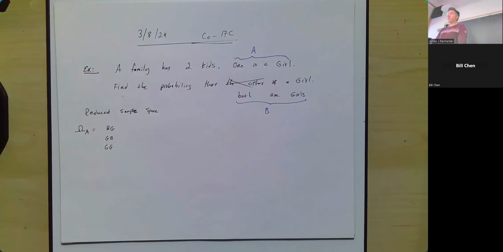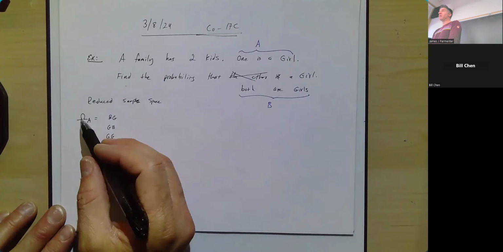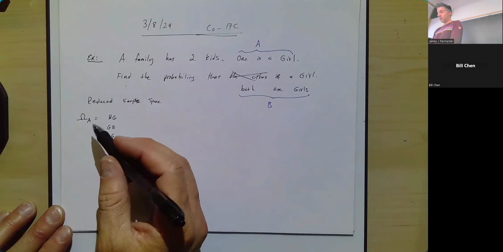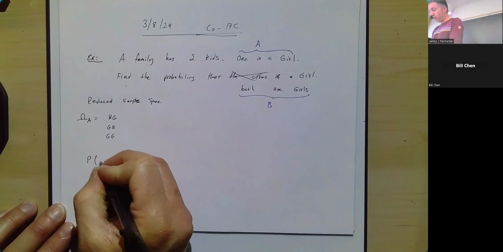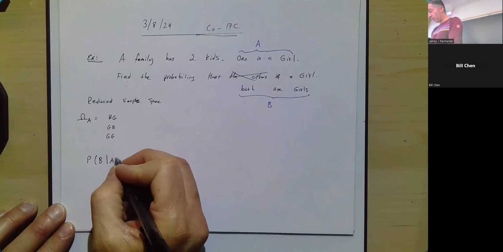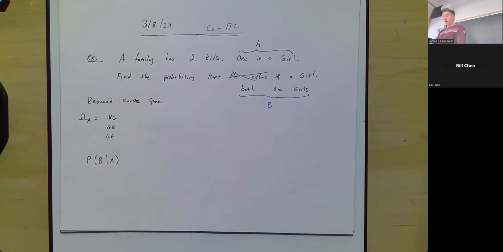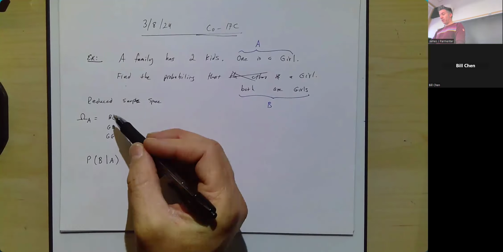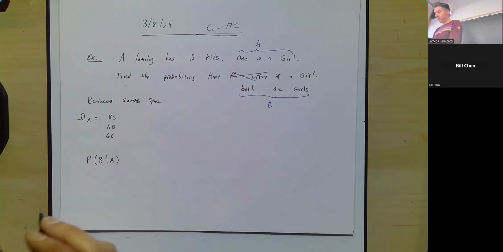But we definitely didn't have a boy then a boy, because we know that one of the kids is a girl. So based on these being the only options, the probability that both kids are girls, given that we know for sure at least one of them is a girl, is one way out of the total 3 ways of getting that.